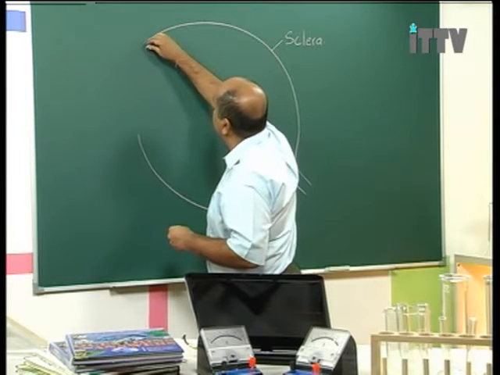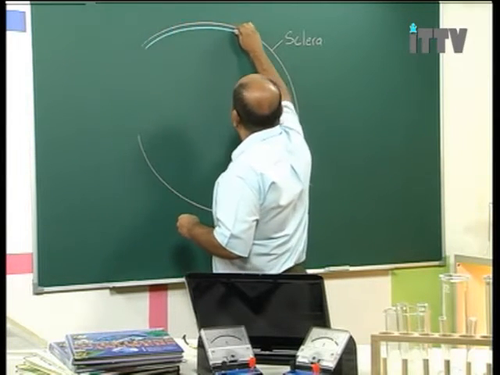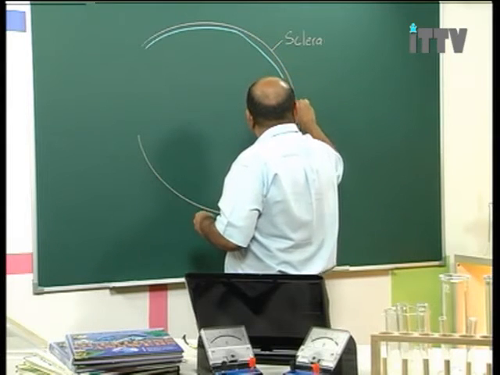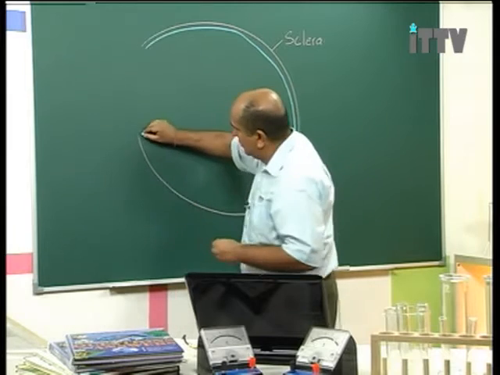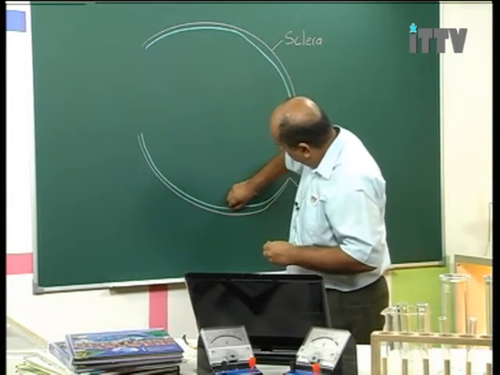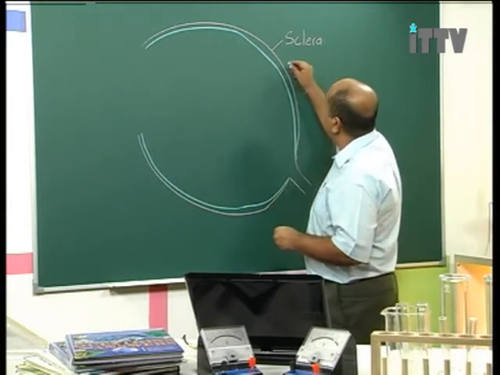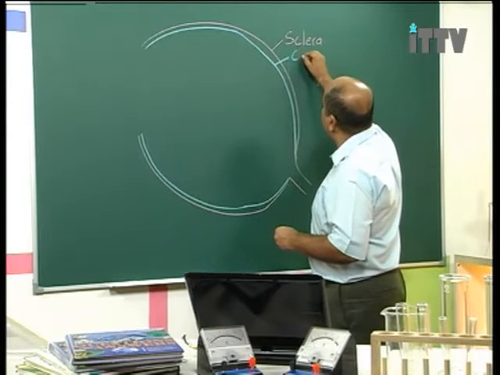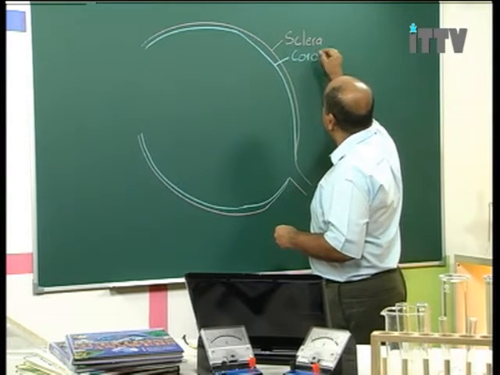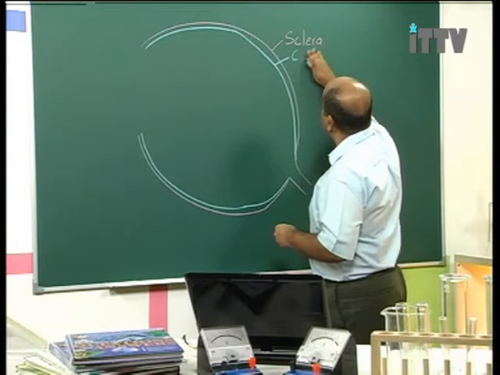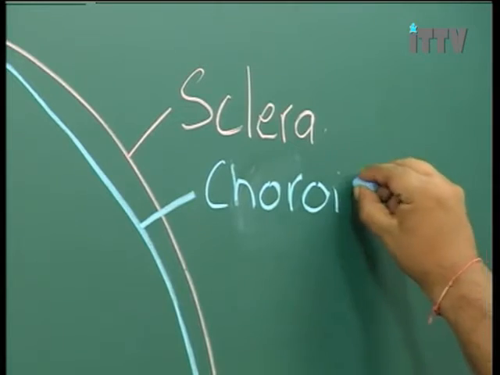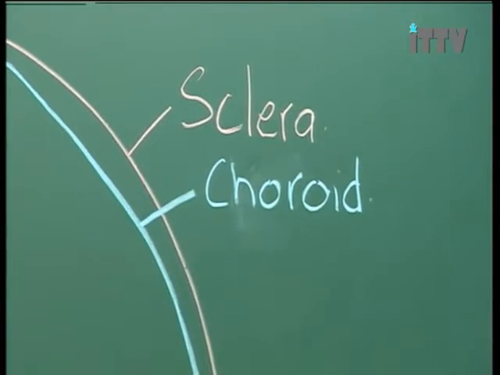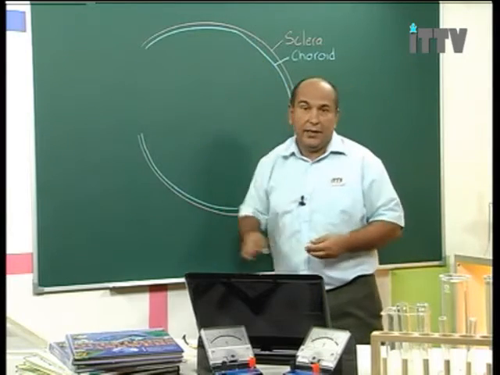So over here we have the second layer, and this layer is called the, beg your pardon, sorry, a bit of a mistake in the spelling there, choroid with a H. So choroid, that's the second layer on the inside.